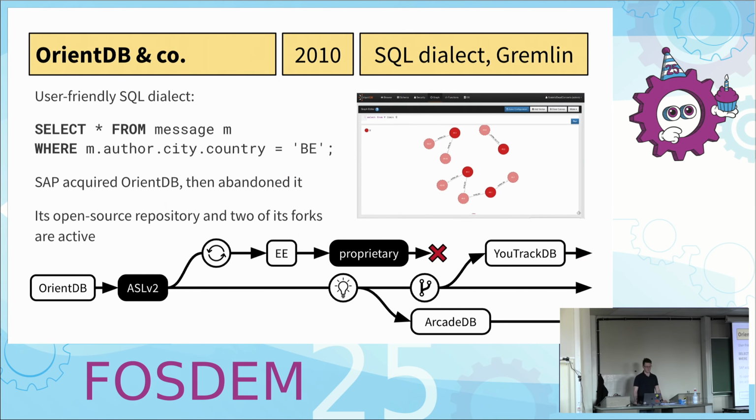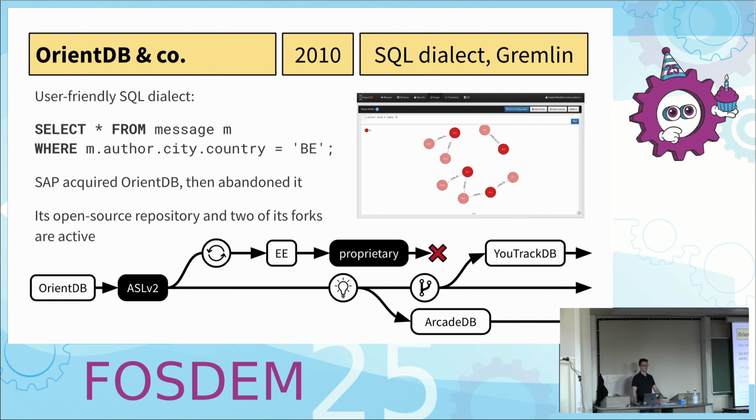Another solution that graph databases do, like OrientDB, is they extend SQL by having some sort of a dot operator for navigating along the edges of the graph. In this talk, because we are at FOSDEM, I will also focus on the licensing aspects of projects, and OrientDB is an interesting one to start with. So it was originally an Apache project, then it was bought by SAP, the company was bought, they spun out an enterprise version of it, and they sold licenses for it, then they abandoned it.